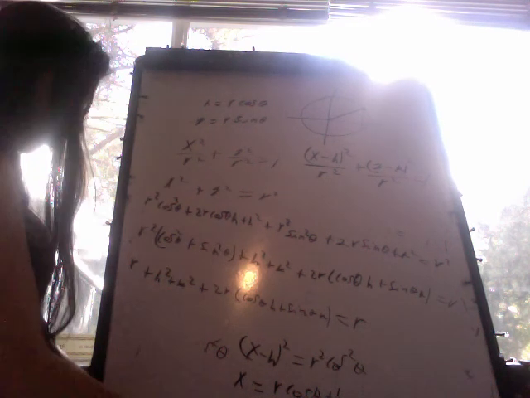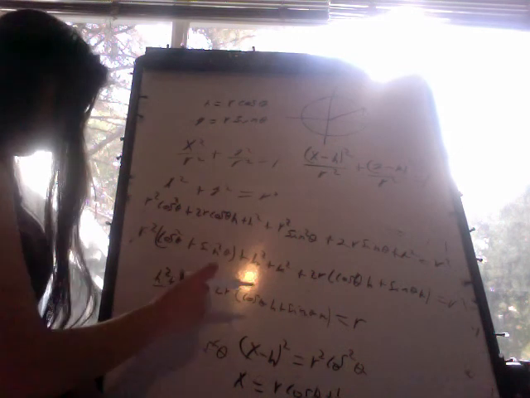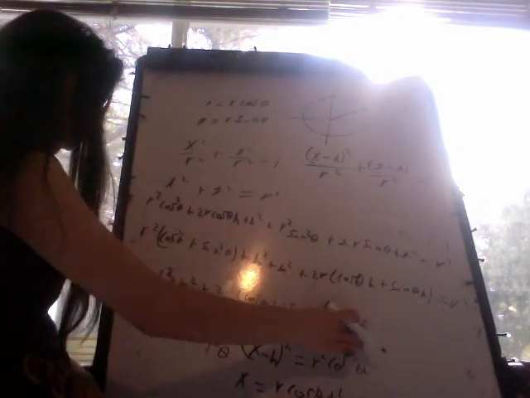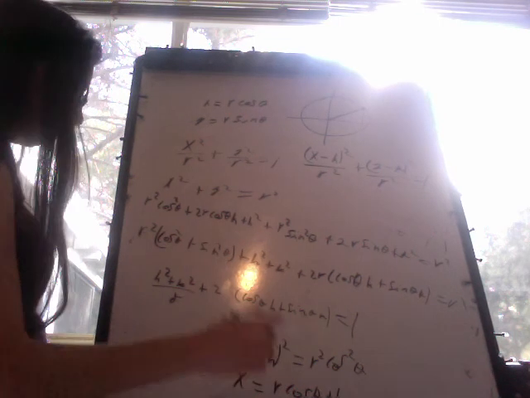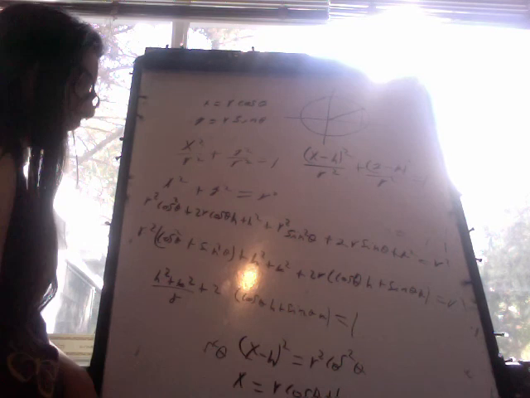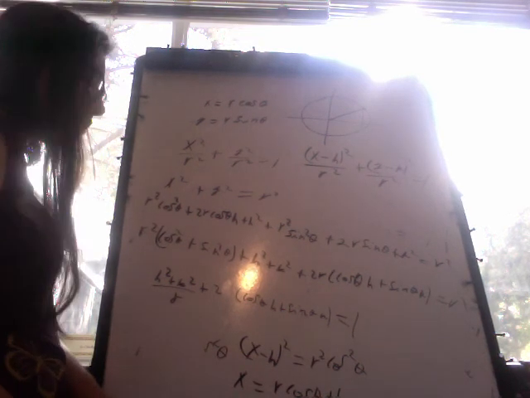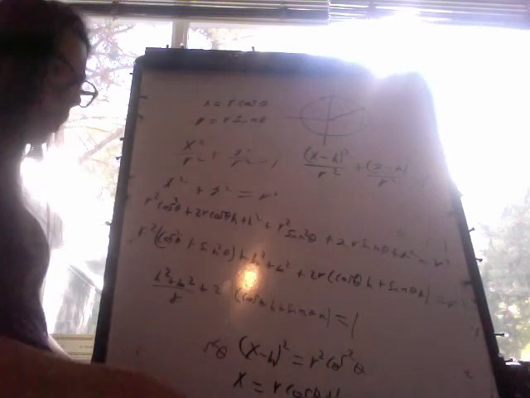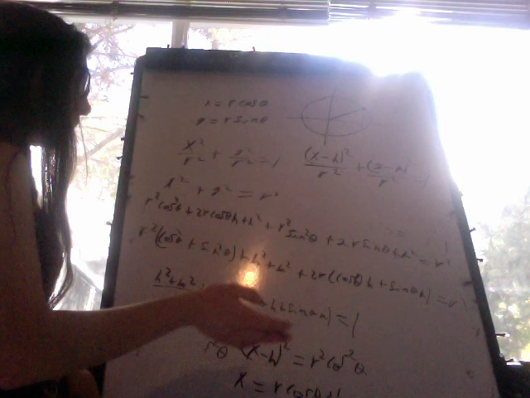Actually, let's divide everything again by r, like this, and here you have 1. Alright, this doesn't look like any familiar equation, but you can derive this from the parametrization of x equals this and y equals that.